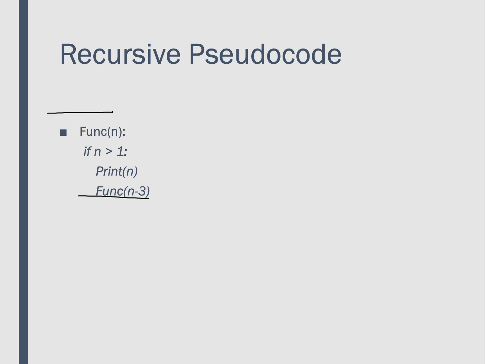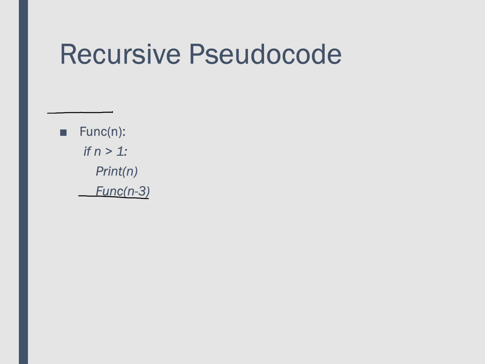Okay, now let's look at an example of recursion using this simple pseudocode. Here's the function: function(n), if n is greater than 1, print n, then function(n minus 3). Now how does it work?